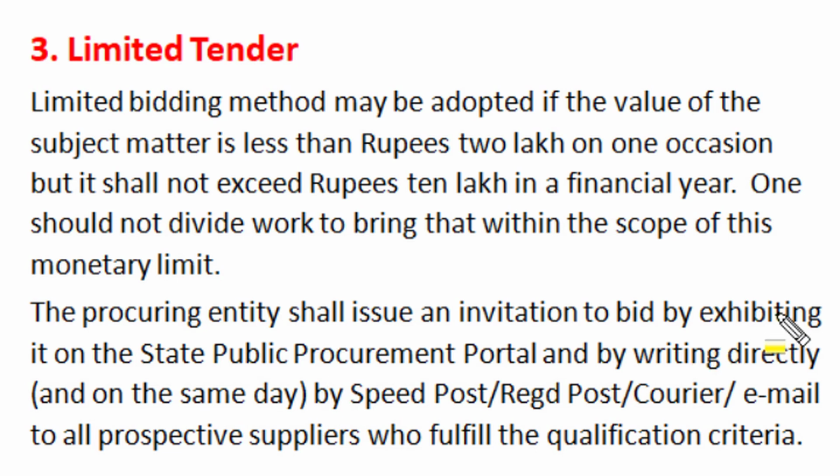Apart from exhibition on the public procurement portal and official website, the bid invitation is sent in writing directly to all registered prospective suppliers who fulfill the qualification criteria, by speed post or registered post or by courier or by email or social media post.